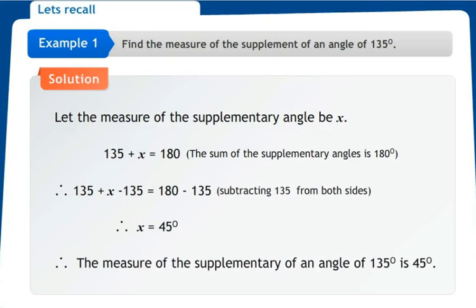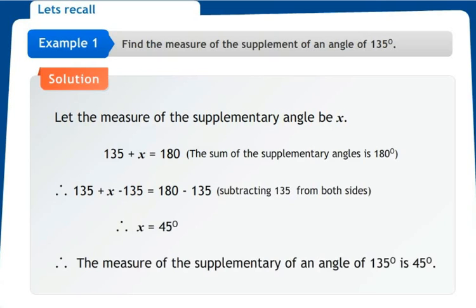Now the measure of the supplement of an angle of 135 is 45 degrees. 135 was already given, you had to find the other angle, and after solving the sum, the other angle we get is 45 degrees. To check whether the answer is right, we add the given angle and the answer obtained.